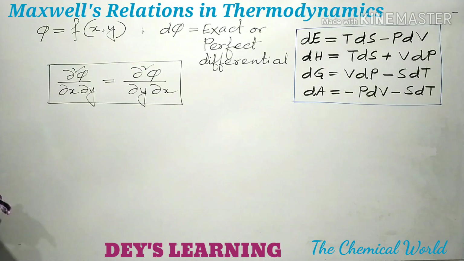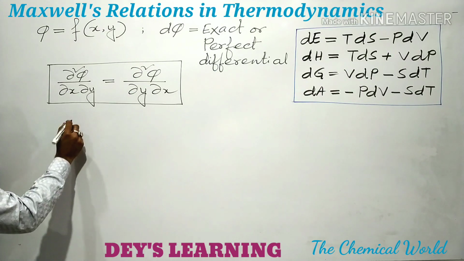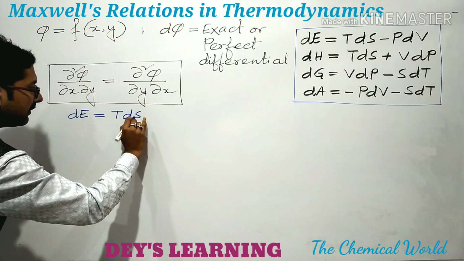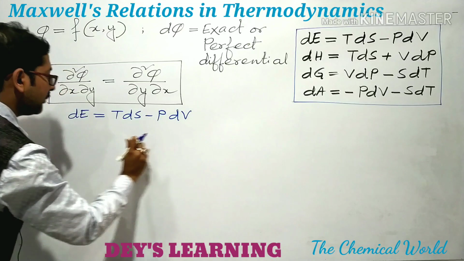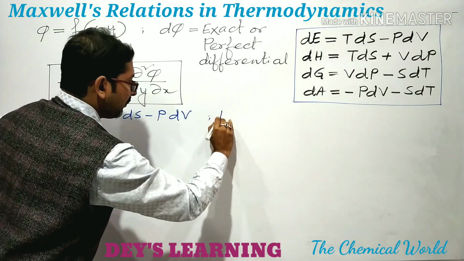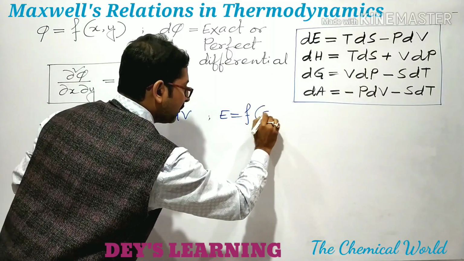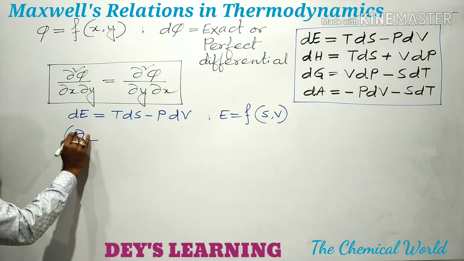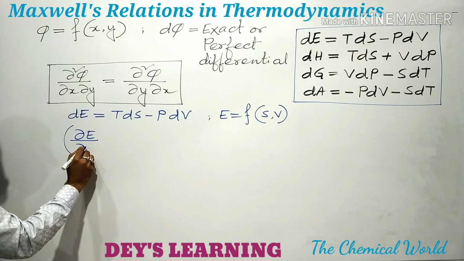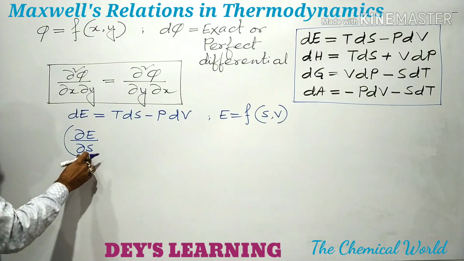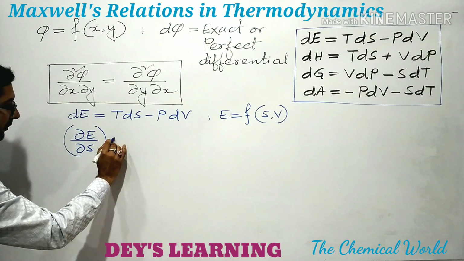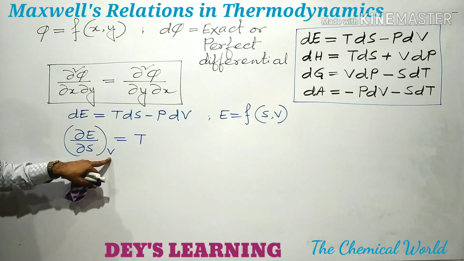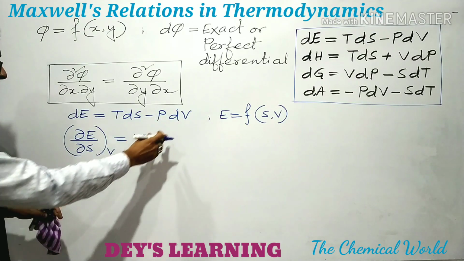First one, dE equal to TdS minus PdV. So definitely E is a function of S and V. Now first take the partial differential of del E with respect to S at constant V, gives us only T, and since V is a constant, the PdV term is 0.